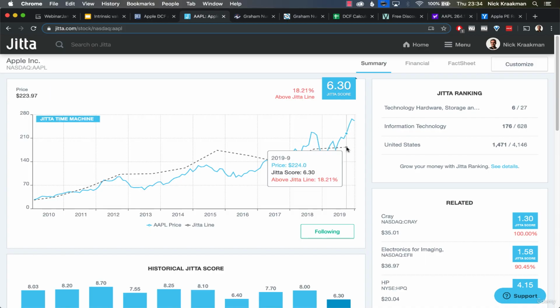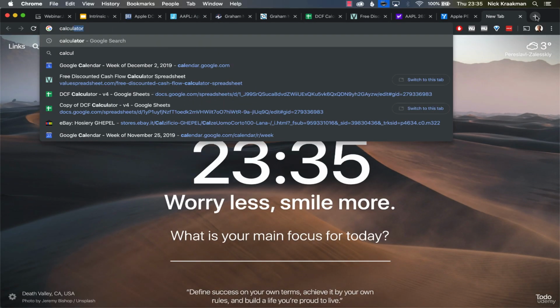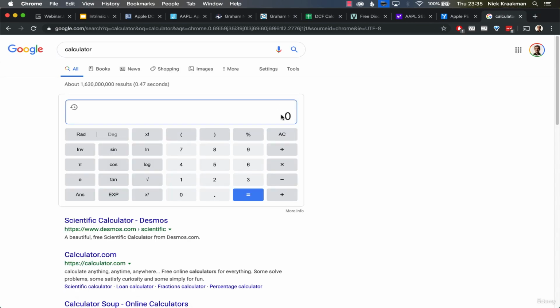They don't really show the value straight up, so if we say that at $224 it's 18% overvalued, we can do a quick calculation on Google Calculator. So we do 224 times 1 minus 0.18, so their latest fair value estimate in this case is around $183 for Apple.